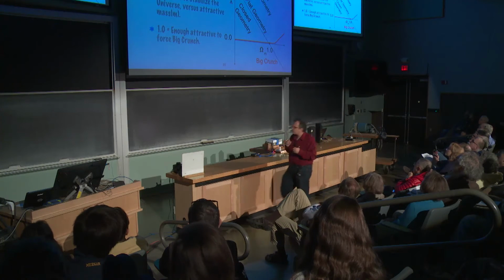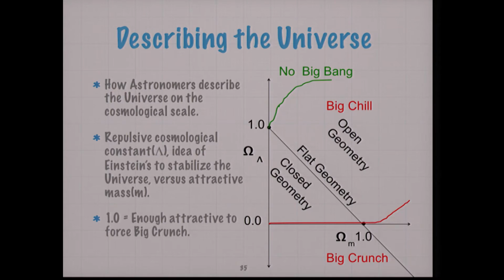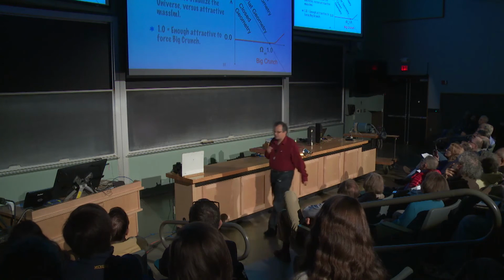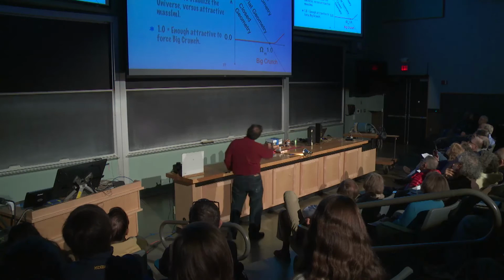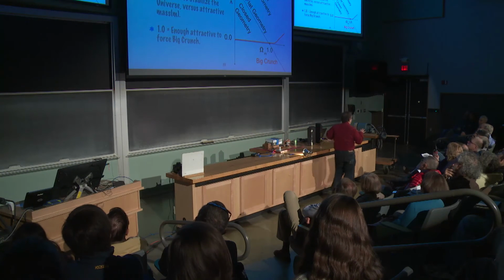There's a dividing line between Big Crunch and Big Chill. You can also find places on this diagram where the Big Bang doesn't happen, if you're in the upper left corner. It also tells you what the geometry of the universe is. The diagonal line means the universe is flat.